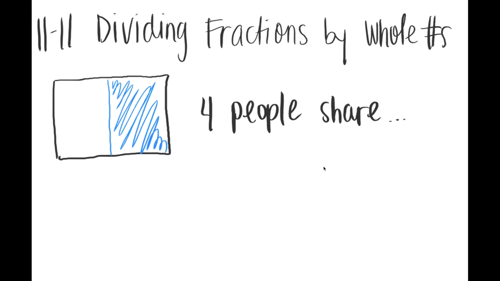So let's say I have this pan of brownies and I don't have a brown marker. So let's just say the brownies are covered in blue icing, okay? So here is the brownies, okay? And let's say the person who made the brownies took half to their job.